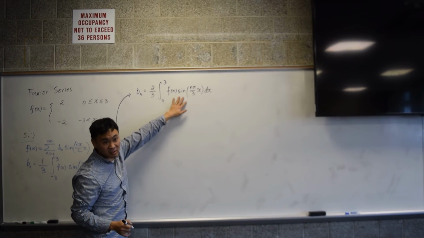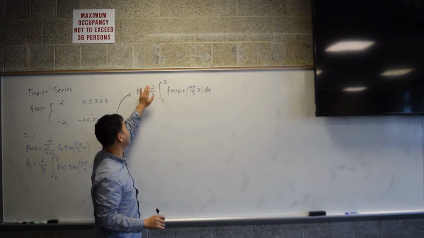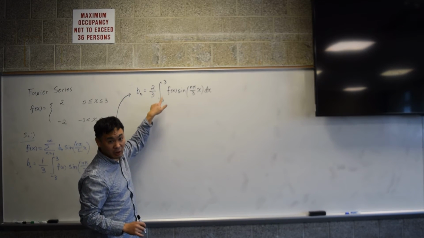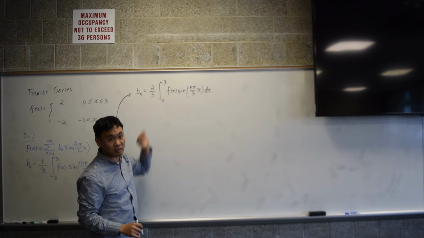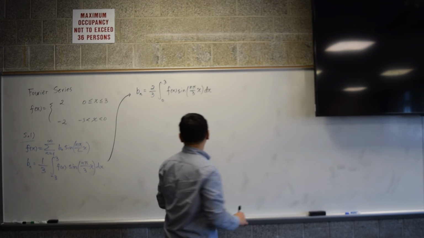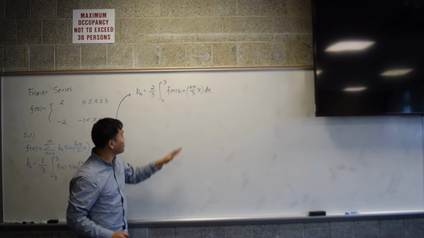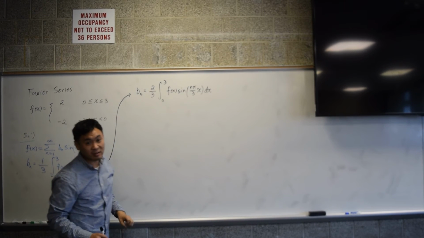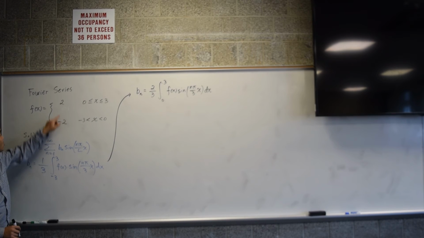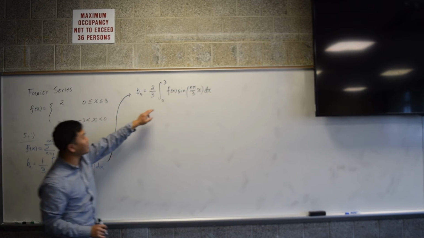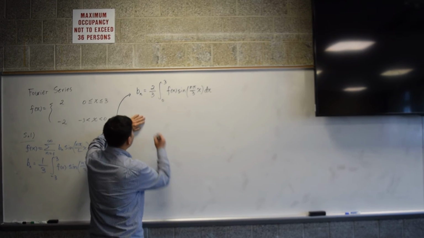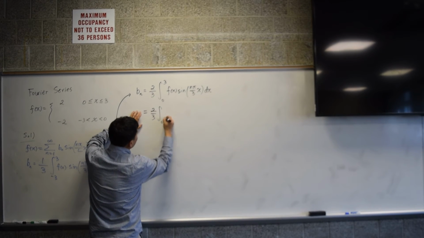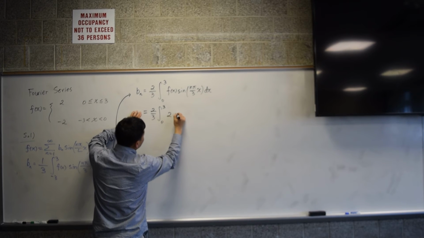We're using the fact that this is even, so we double the integral at the cost of starting from 0 to 3, rather than -3 to 3. And already we can reap its benefits, because what's f of x from 0 to 3? It's 2. So now we can just replace this f of x by 2. How wonderful is that?